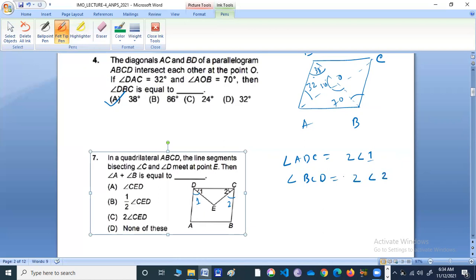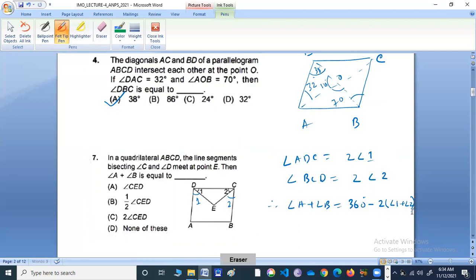Good. So therefore angle A plus angle B will be 360 minus the sum of those angles, right? So 2 into (angle 1 plus angle 2). Fine. Good.